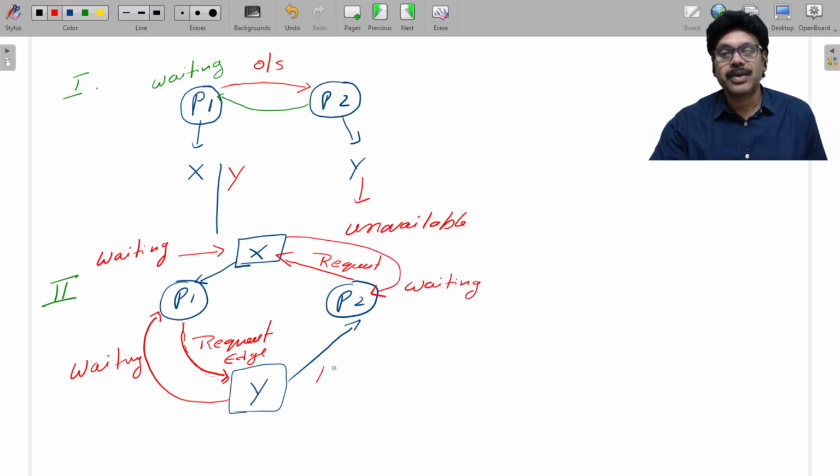What exactly is the meaning of this? Y is already assigned to P2, that's why Y is held by P2. X is already assigned to P1, therefore X is held by process P1.